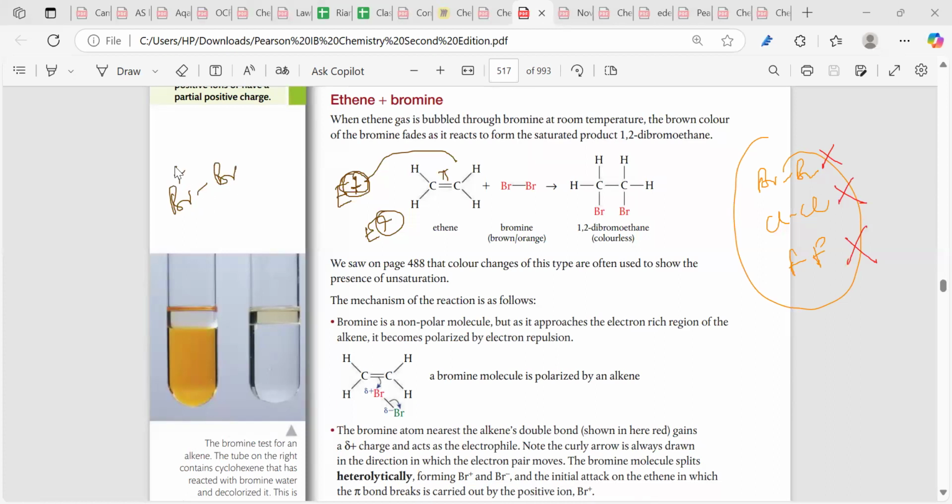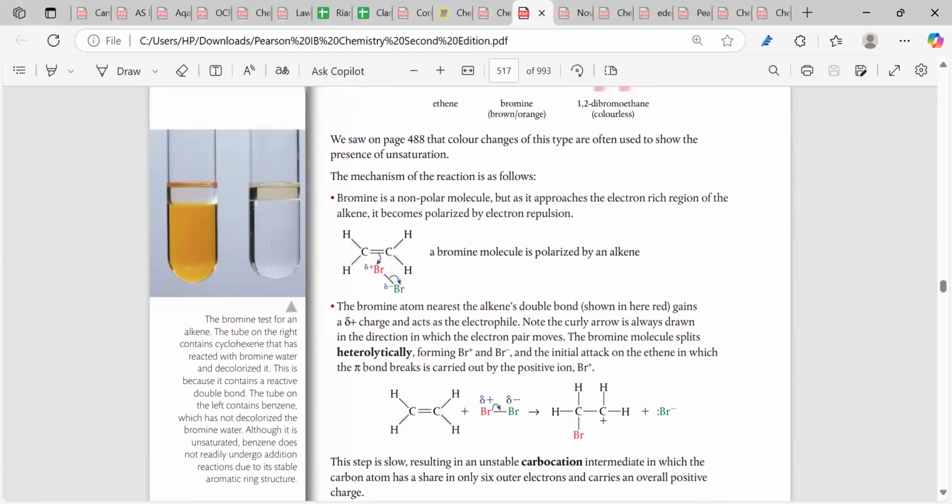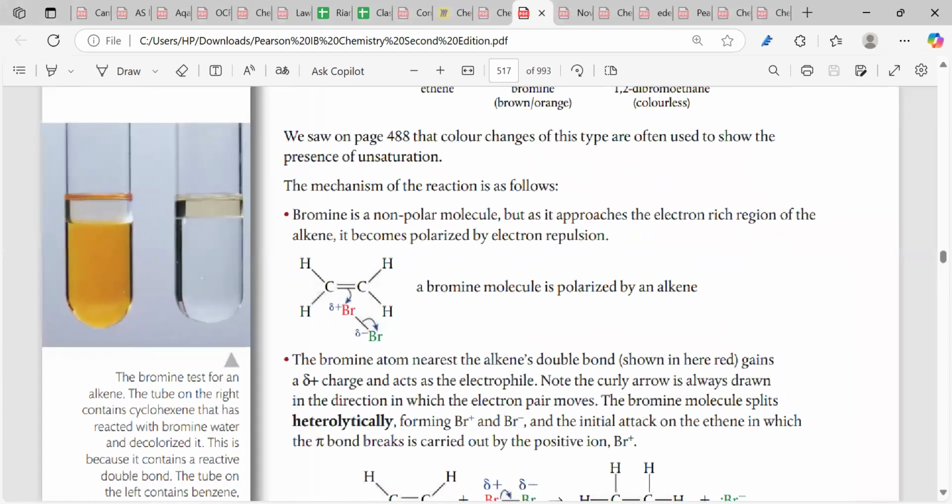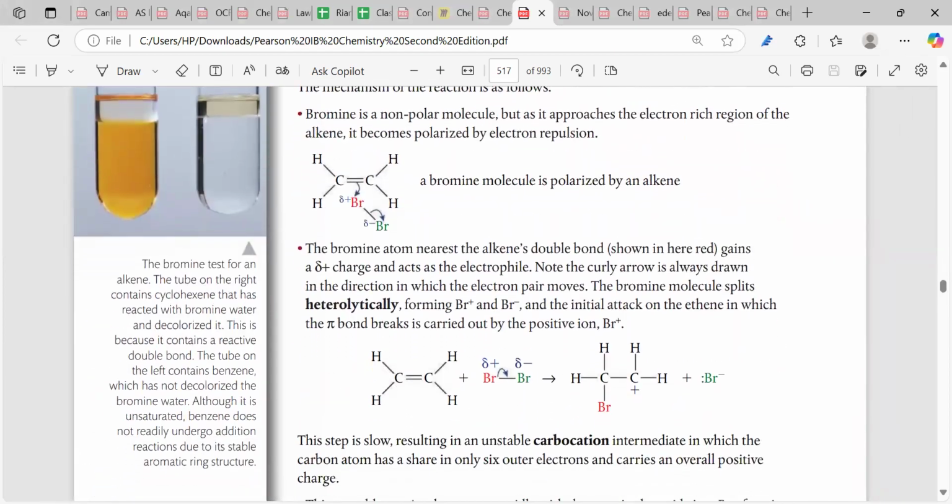How can it be Br plus? That is the most important thing to understand: how can Br plus be generated? You have to show that also. When we say that the Br is attacking, how does it attack? Here, a sort of instantaneous dipole happens, right?